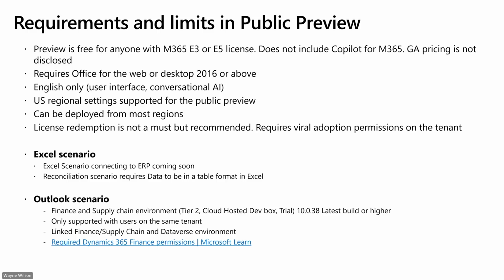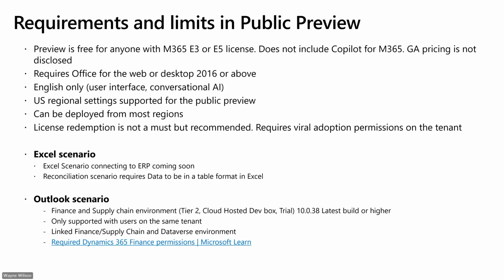Diving a little bit deeper into the Excel and Outlook scenarios. Currently, as Excel does not need to connect to the ERP, you can simply bring any data. So if you have Excel and a license, install the add-in and go try the Excel scenarios. One of the questions I am seeing is about how to get data from FnO.